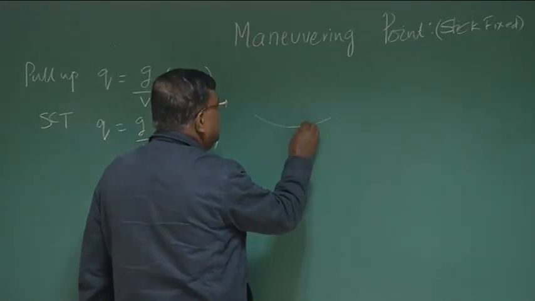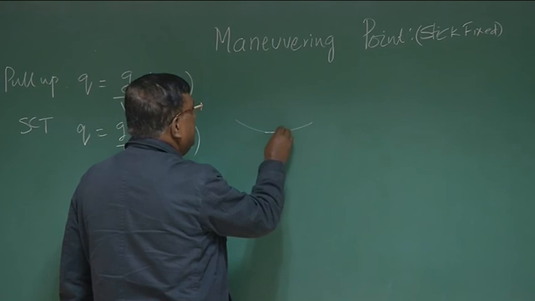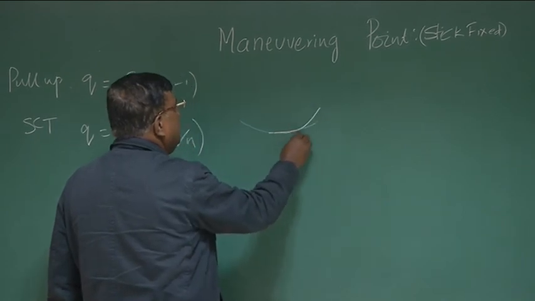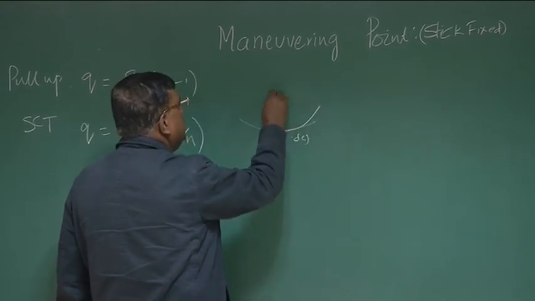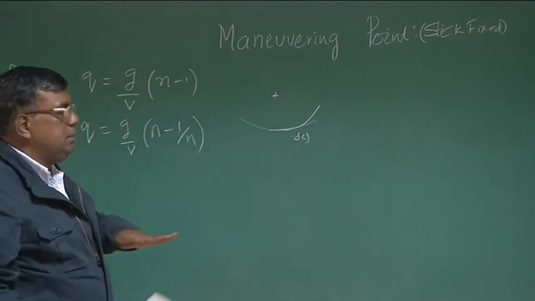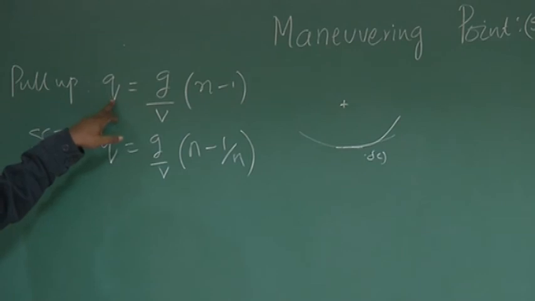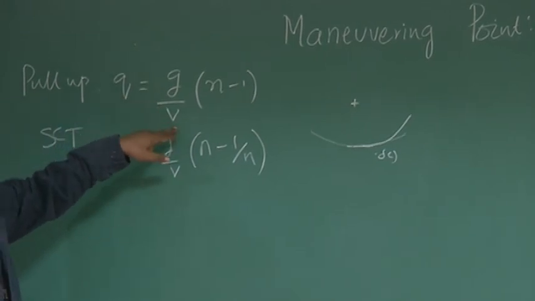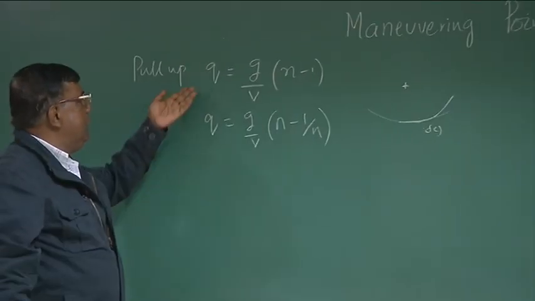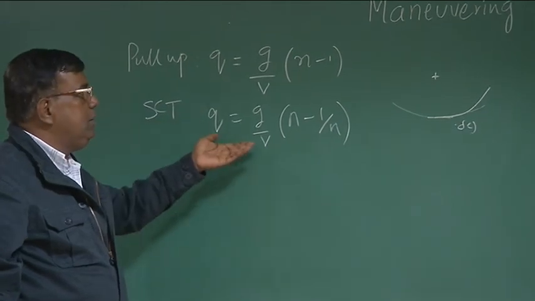I am going in a cruise, then I pull up, I go for a given elevator deflection, and I go in a radius, and depending upon the value of n, I need an amount of Q through this expression for a given speed V. Same story is true for steady coordinated turn.